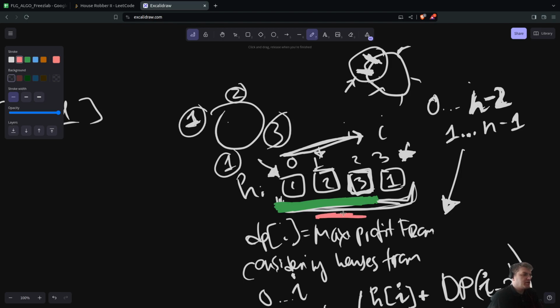So in a combination like this one, houses from the second to the last one, that will explicitly exclude the first one, because otherwise the first and last ones would be included in the range of possible options for robbing, and they might be selected in case they have huge money inside.